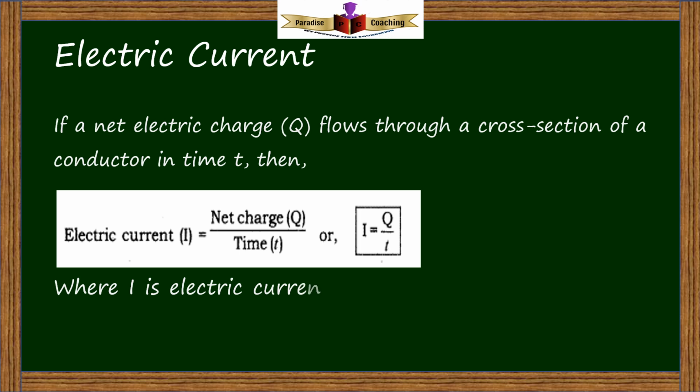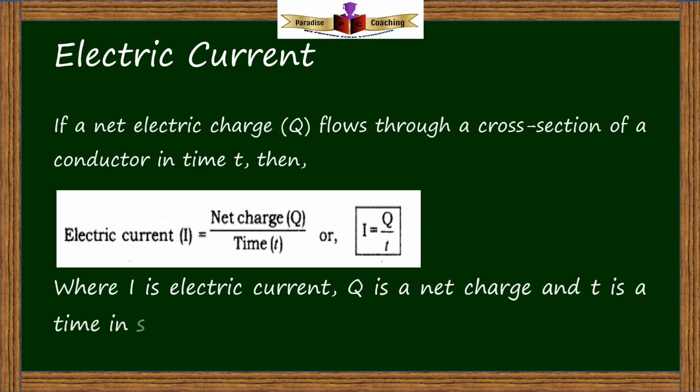It is used to calculate the current flowing through any device or conductor, and current flowing is nothing but the flow of charge. How much charge flows in unit time gives us the magnitude of the current through the conductor.